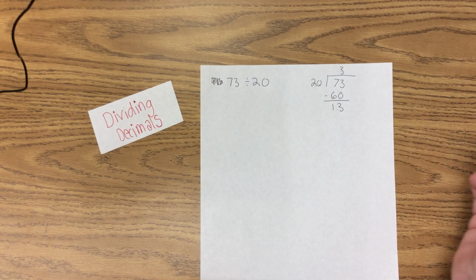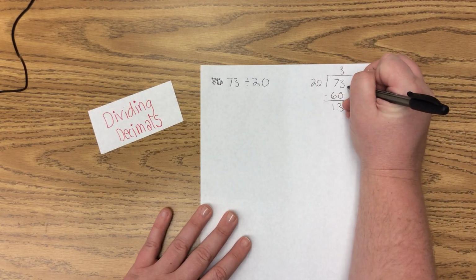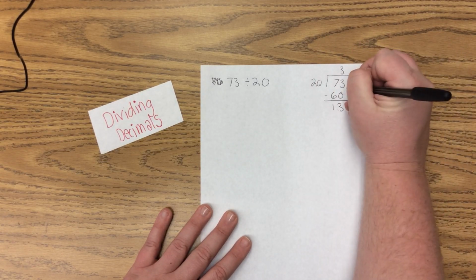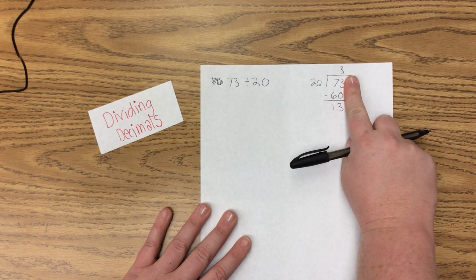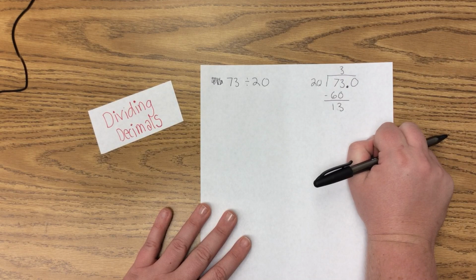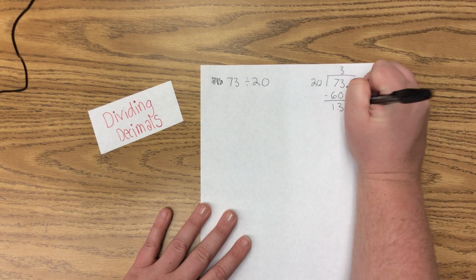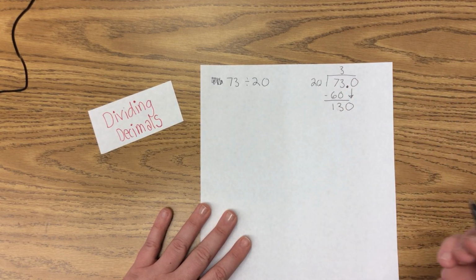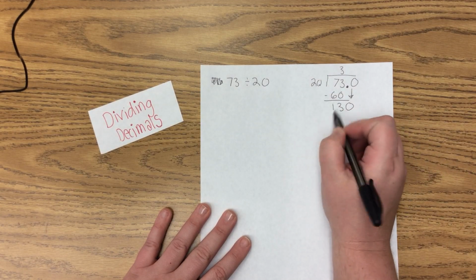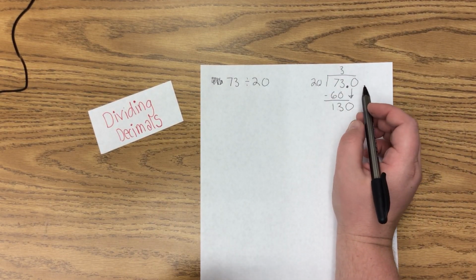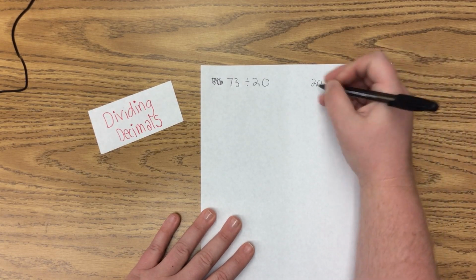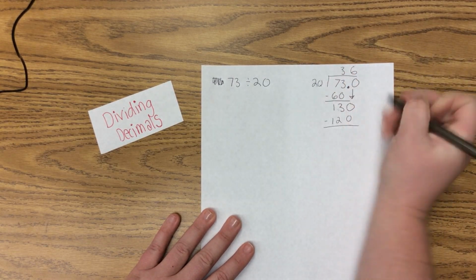If you wanted to keep dividing, because this does not have a decimal, I would add a decimal and add my 0. Because remember, 73 is the same thing as 73.0. Once you add your 0, you can drop it down and go through the division steps again. 20 goes into 130 now, which is going to be 6 times, which is 120.